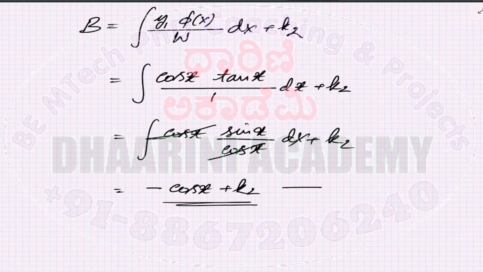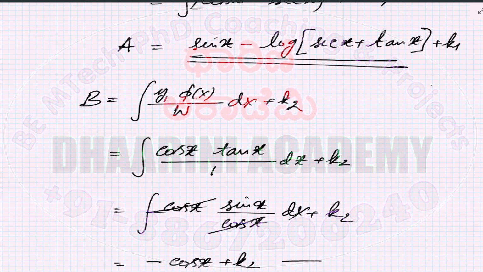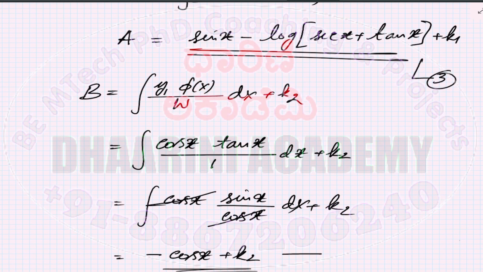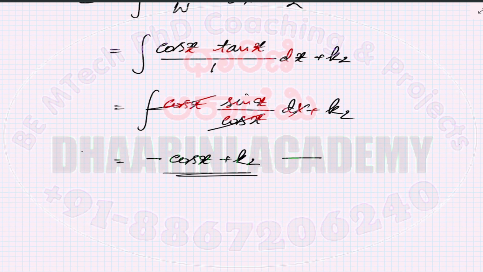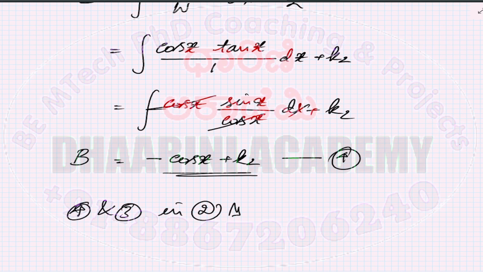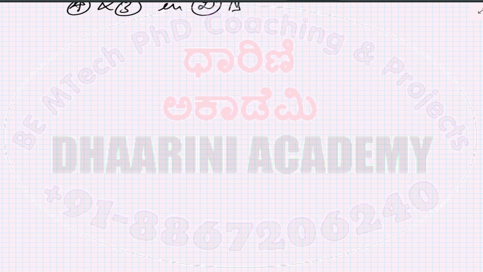So we'll call the value of a equation number 3, and this particular value, that is b, as 4. So 4 and 3 in equation number 2. This means I am actually trying to substitute back.